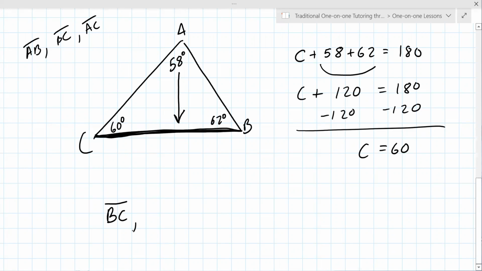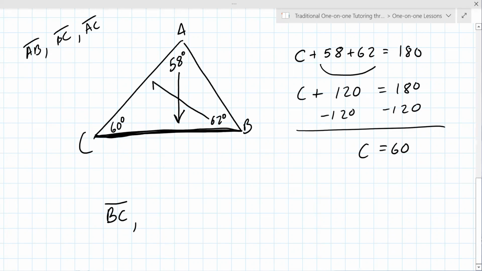What is the largest angle? The largest angle right there is angle B. Okay, now which side is across from angle B?